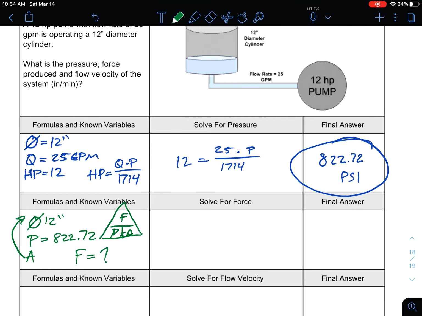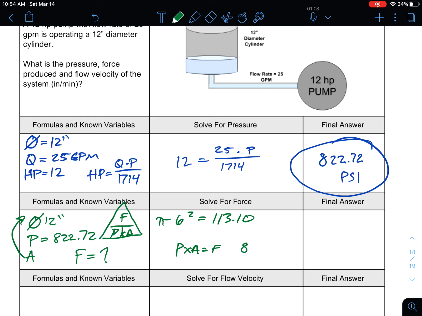In this one, we are going to use our area formula, pi times the radius of 6 squared. We get an area of 113.10. So now we can plug that in. We just need to take our pressure times area, which will give us force.